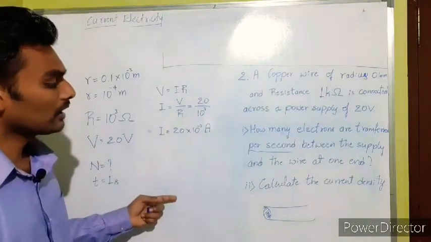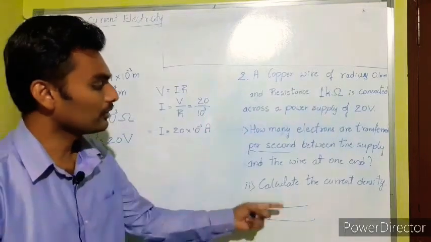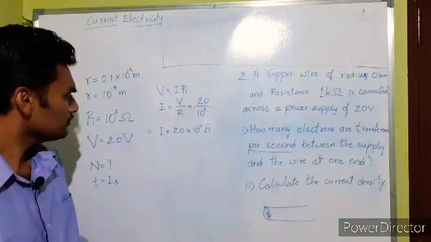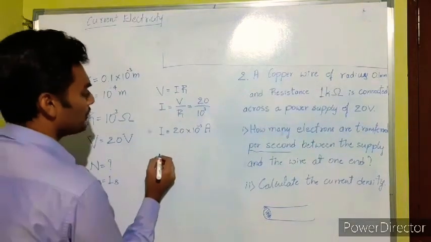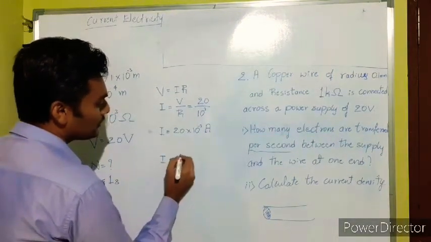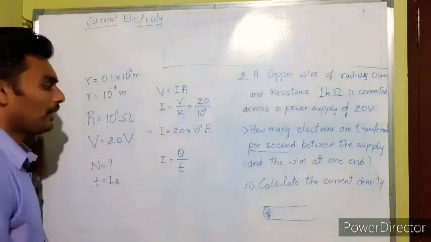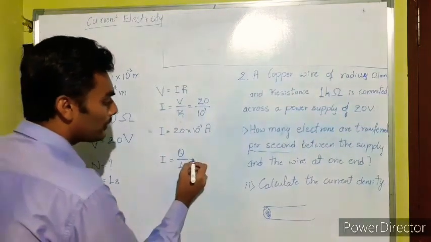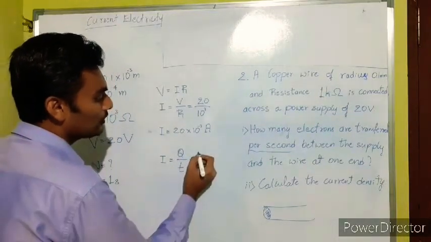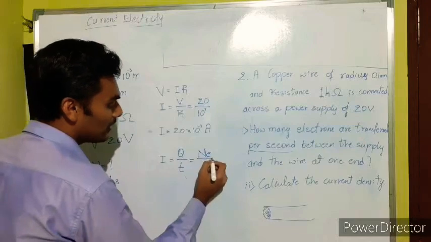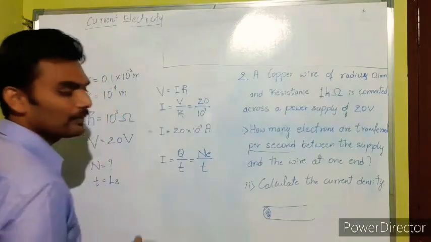So we have the amount of current flowing through the given copper wire. Okay, I we have obtained. Now we do know that I is equal to Q by T, right? Average current again. So what is this Q equal to? Q equal to NE, right? Number of electrons into charge of each electron divided by T.